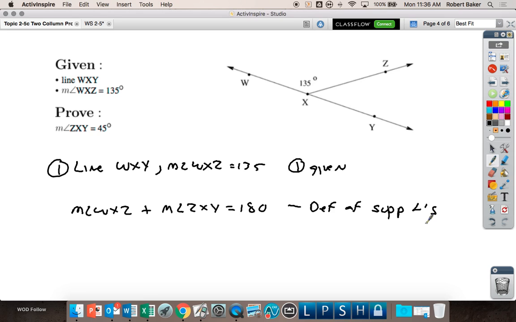Now, how did you jump from here to here? As a line. But did you say that? You have to say that line WXY equals 180 degrees. Why? Definition of a line.